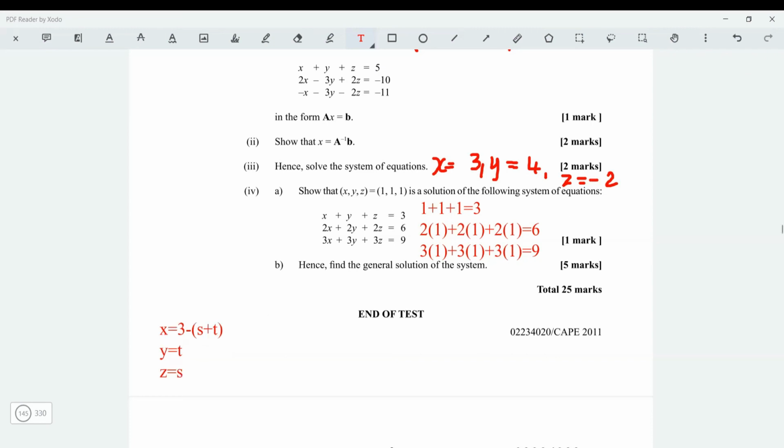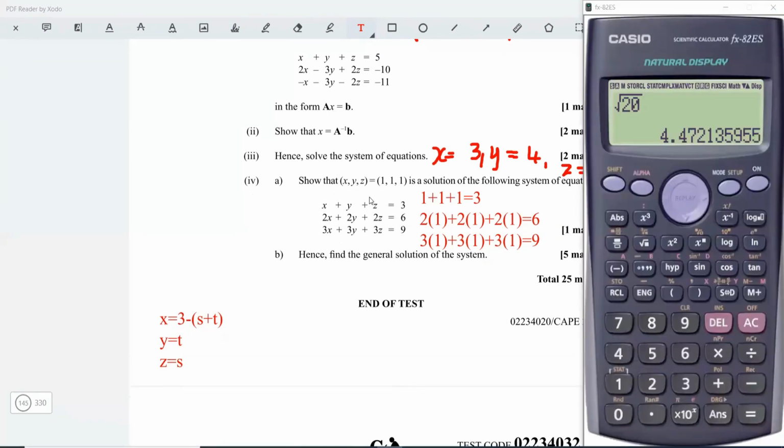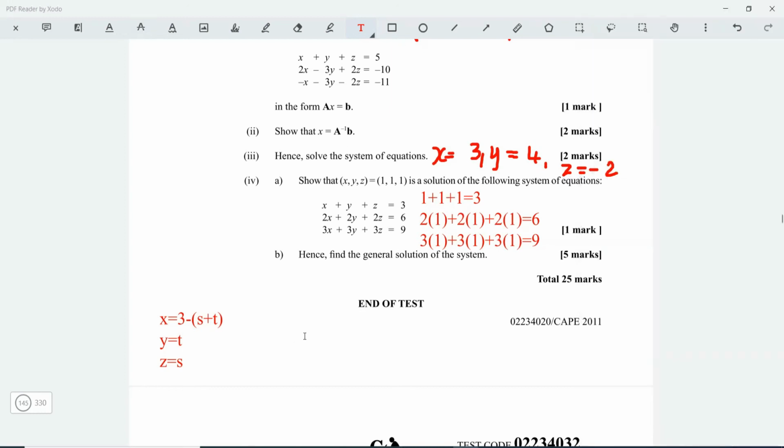Now, if you don't believe me, I'm going to pop out the calculator and show you. So, for example, if you were to give me a value for s and t, let's say s is 3 and t is 2. I don't know, I'm just making up some numbers.